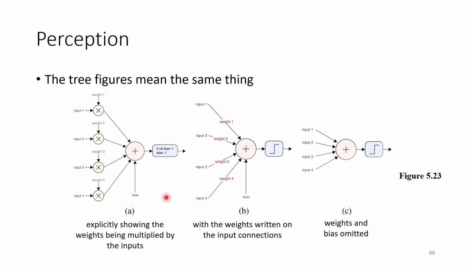I should say the structure of perceptron was invented more than 50 years ago, in 1940 or 1950. Biology researchers figured out this is the fundamental process for our neural cells.